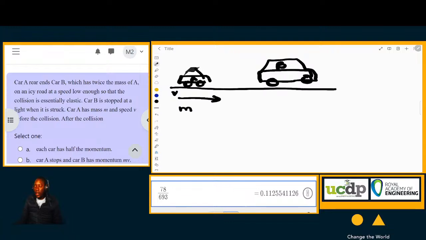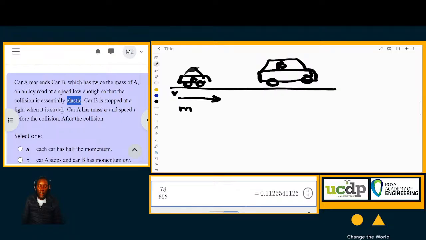So that statement is to tell us we should ignore friction in this case, and the speed is low enough so that the collision is essentially elastic. You should know the properties of an elastic collision to be able to answer that question. Car B is stopped at a light when it is struck.